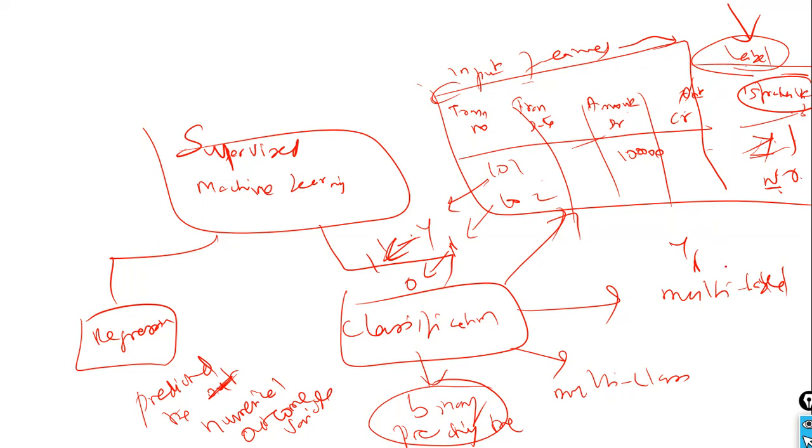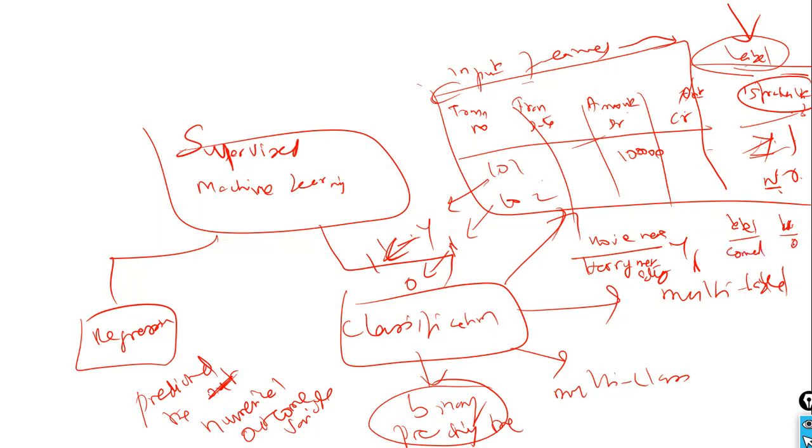Please remember this: input features plus label. In the case of multi-label classification problem, for example, you have a movie, Harry Met Sally. A single movie can have more than one flavor, right? This movie is a comedy movie as well as a romance movie.